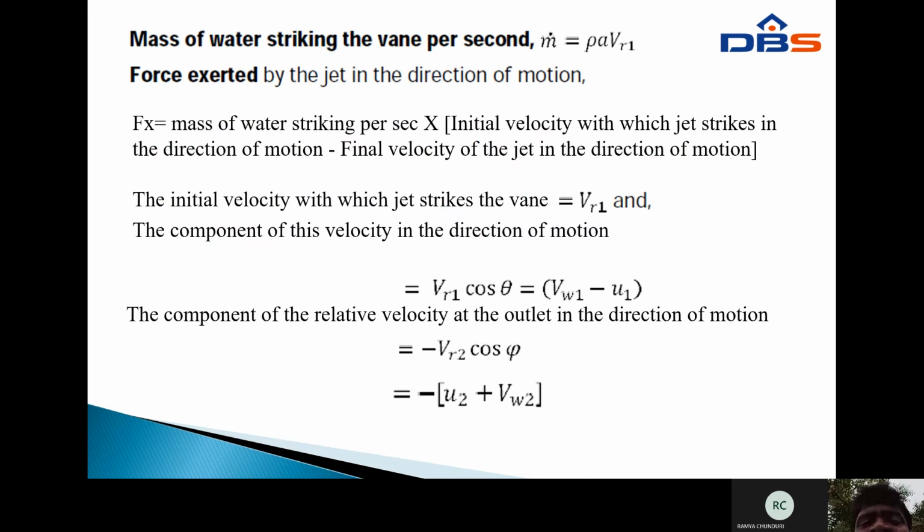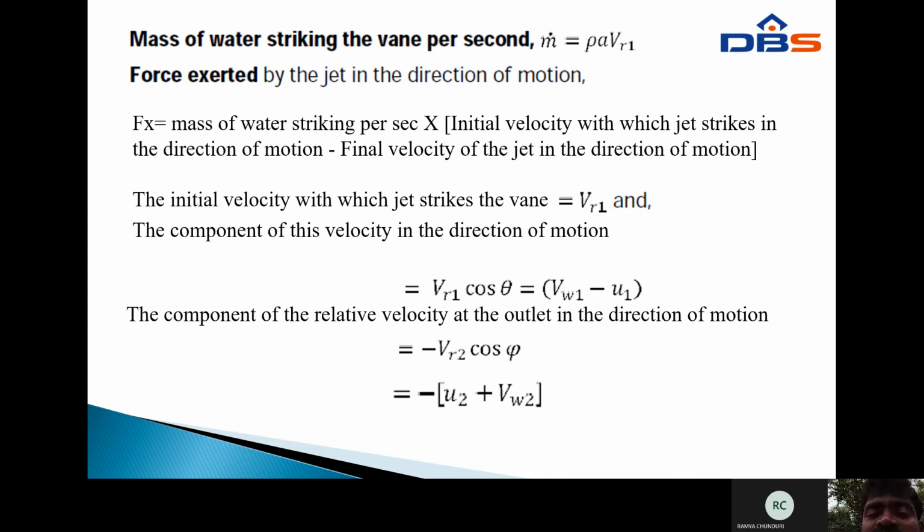The mass of water striking the vane per second is m equal to rho a Vr1. The force exerted by the jet in the direction of motion, F of x, equals mass of water striking per second into the initial velocity in the direction of motion minus the final velocity in the direction of motion.